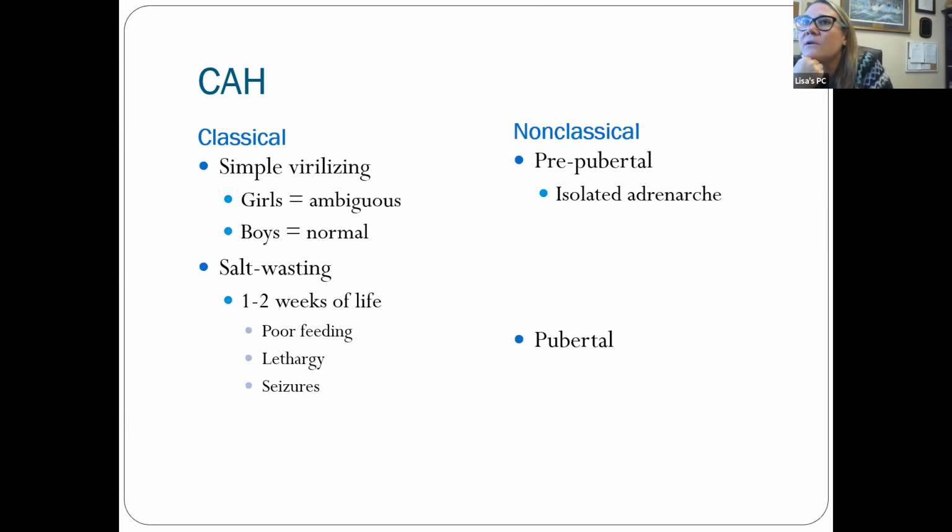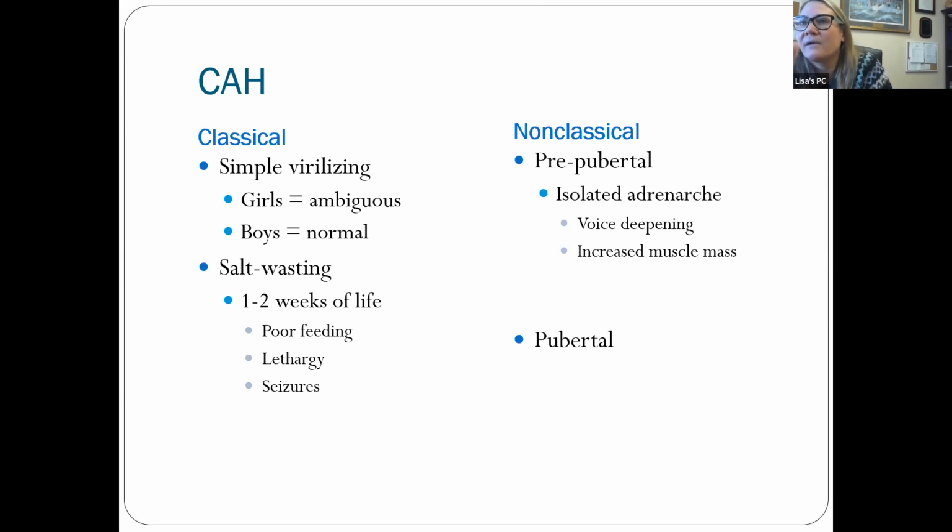Your non-classical, I mentioned isolated adrenarche, and we see isolated adrenarche a lot, and it more commonly is benign than it is CAH.